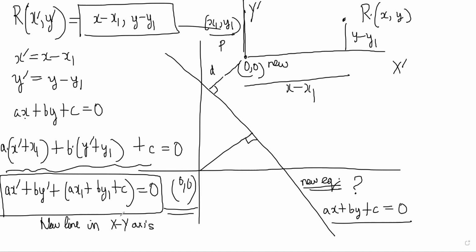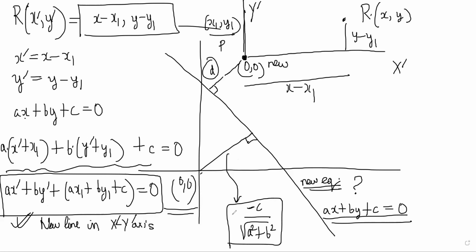This is x dash y dash axis. And now it is very nice because now in my new axis, this is the origin, right? And distance from origin to the new line is what is being asked, right? And earlier we had derived what is the distance from origin to any line, right? It was minus c by root over a square plus b square.